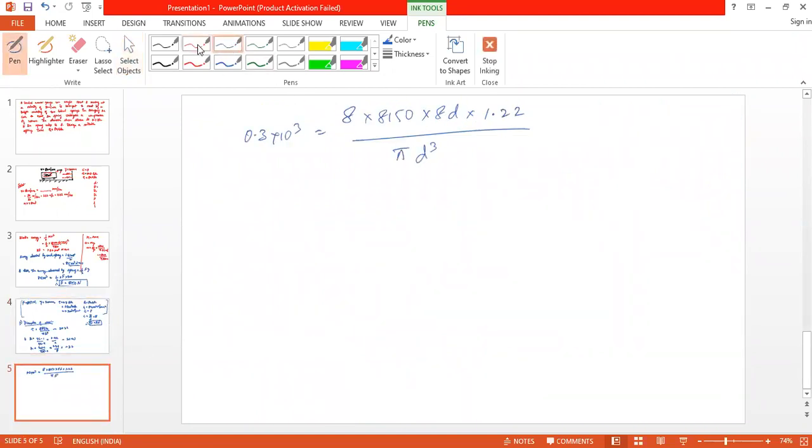So d square is equal to 705, and d is 26.55 mm.